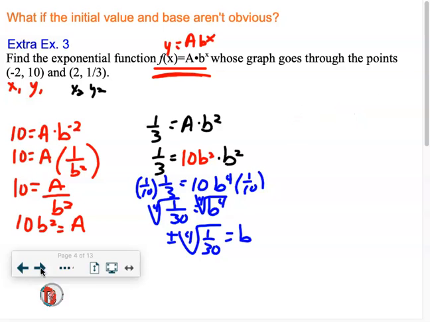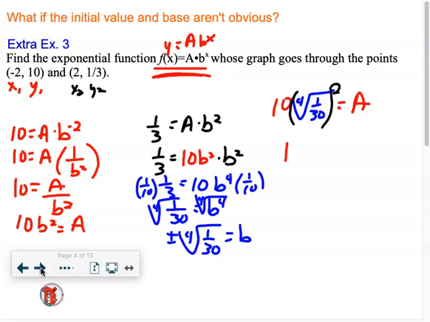All right, so now we have 10 times the quantity, the 4th root of 1 over 30, squared. Okay, wait a second though.